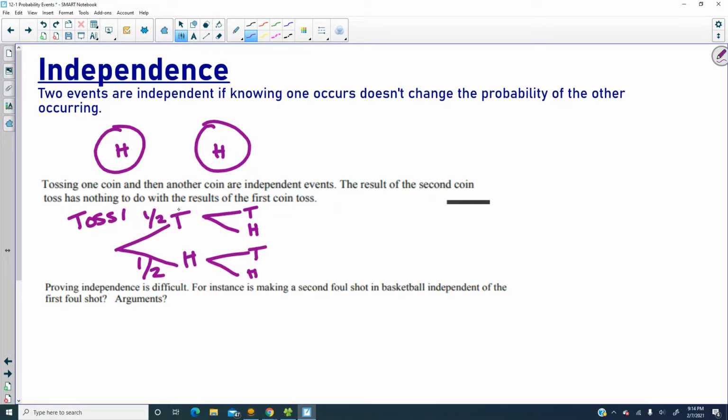I got a tails on the first toss, but the second probability is not affected by the first one, so that probability remains 1/2. The fact that this remains 1/2 and is not changed by what happened in the first event is what makes these two events independent.